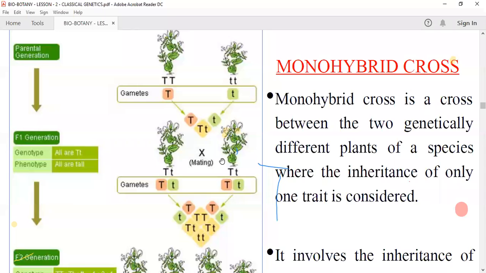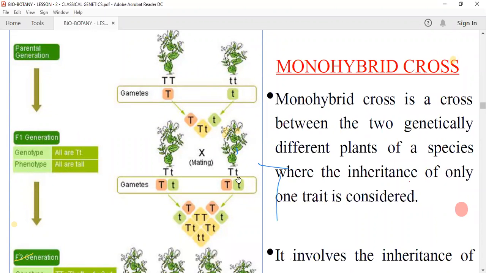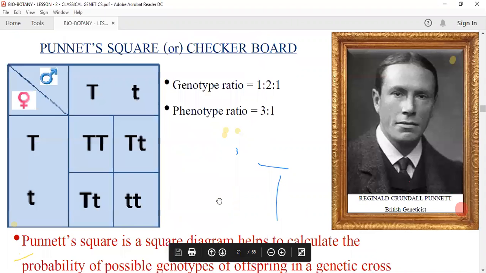So for F2, this F1 plant has to be self-fertilized. So we can call it self-crossing, which we have to do in the F1. Then we can get the F2. In the F2, we have to put the gametes like this: capital T, small t, capital T, small t. Then we can get the traits like this. You see here.